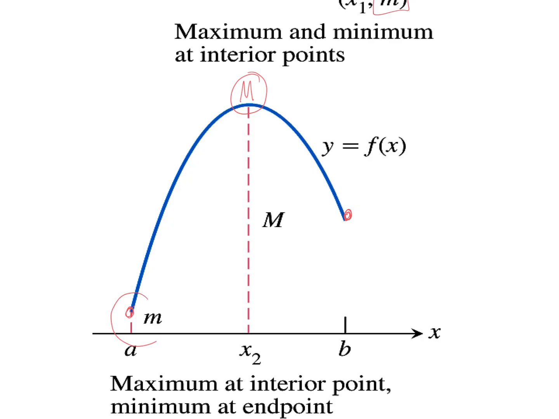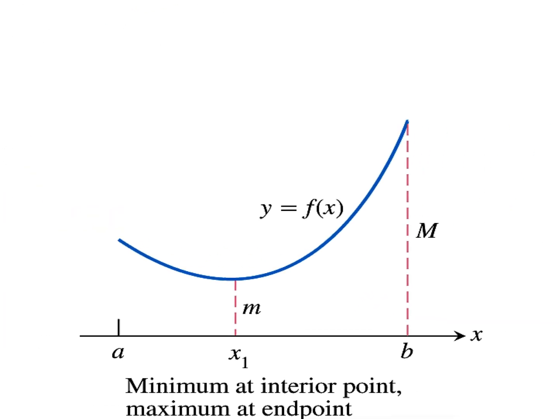So this one down here is called the absolute min. The other one, the other endpoint, is called a relative min. That means it's low, but it's not the lowest. So you could have two different kinds of mins, but we're guaranteed to have the absolute. That's what we're really looking for in this one.